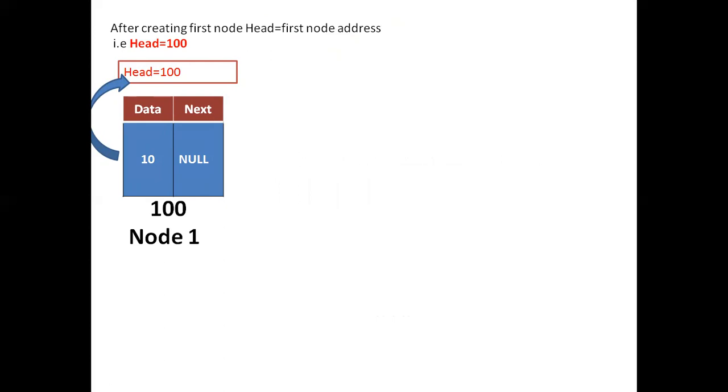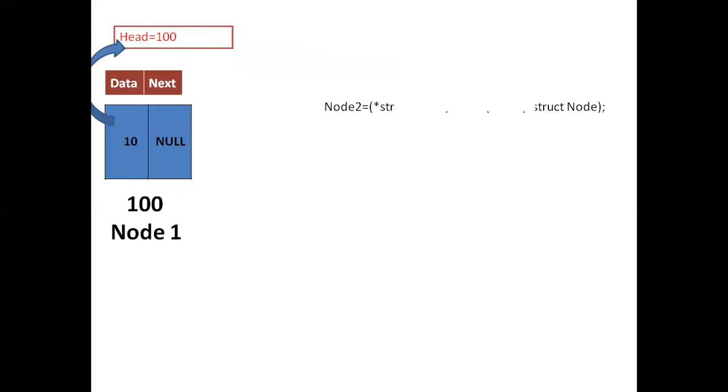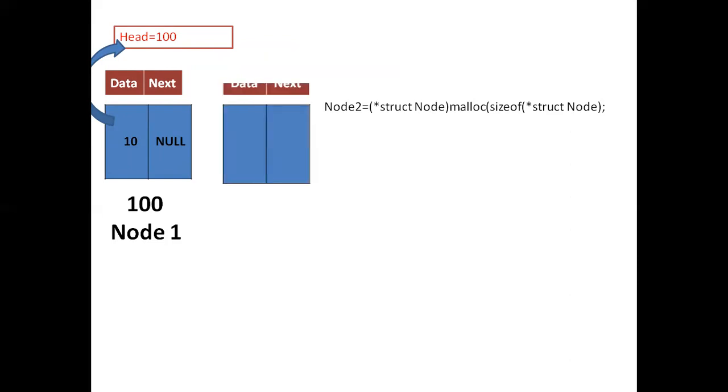So after creating the first node, you can call it the head node, right? Now if you want to insert one more node, that is node 2, again create the memory for that. So we created memory for it, that is node 2 with the address 200. Data part is there, next part is there.